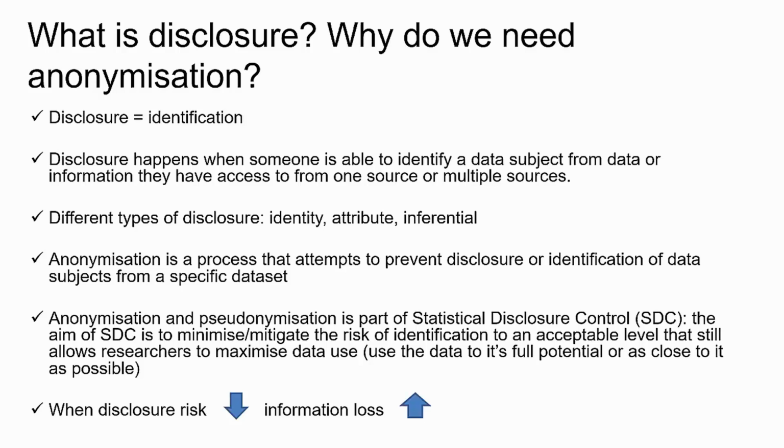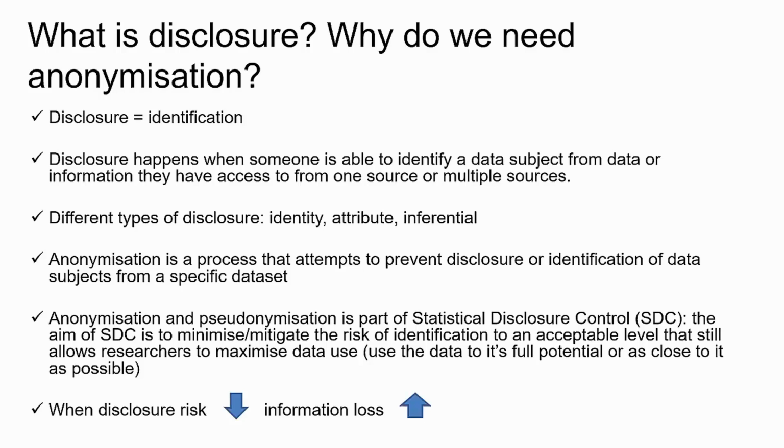Secondary disclosure is when you can't necessarily identify someone from one particular source, but when you put the information together with another source of data, then you can infer who that person is. So if we think of just primary and secondary disclosure for today, we'll mention it throughout the presentation, and I listed the three types there as well if you want a more detailed look.